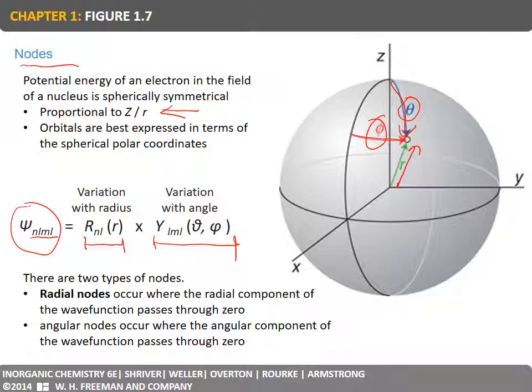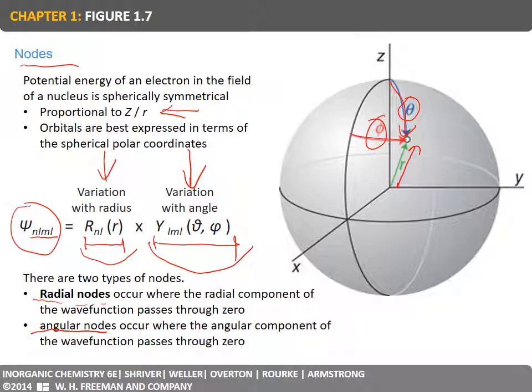It's either this component or this component that is equal to zero. So from again this expression, it is quite obvious to see that there are two components here. The radial node occurs when the radial component of the wave function passes through zero, and we have the angular node in which the angular component passes through zero.